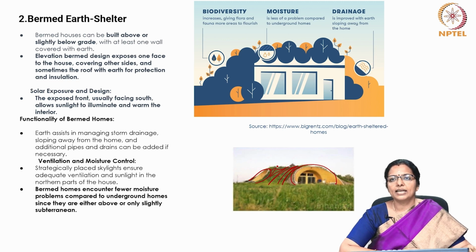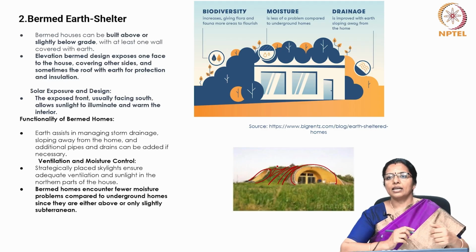Elevational berm design exposes this one face of the house, covering the other sides and sometimes the roof with earth for protection and insulation. The exposed front, usually facing south, allows sunlight to illuminate and warm the interiors.